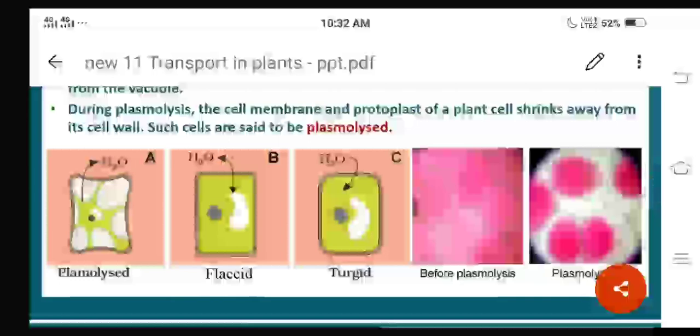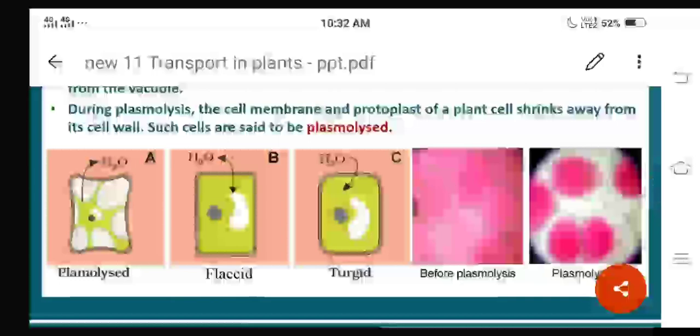We can perform the experiment of plasmolysis in some plants.